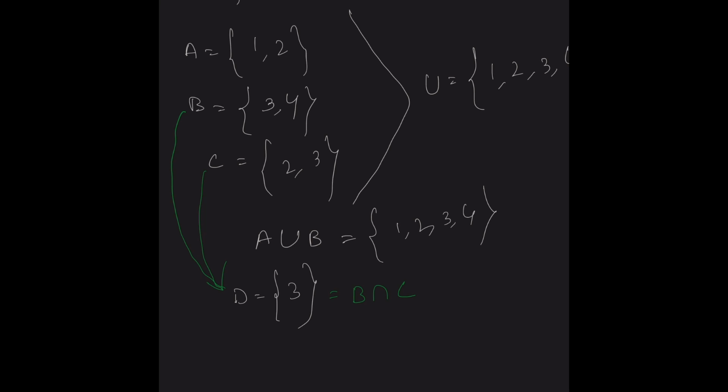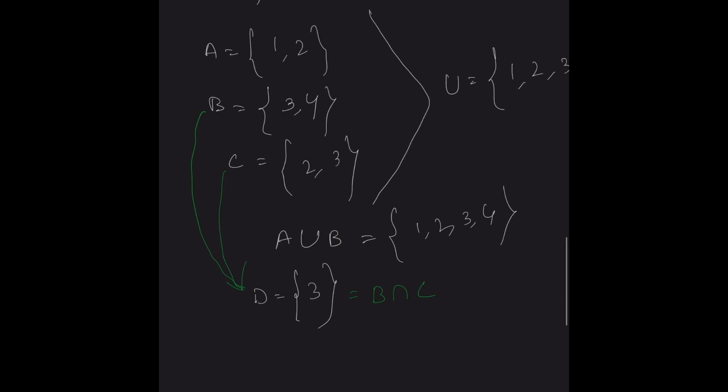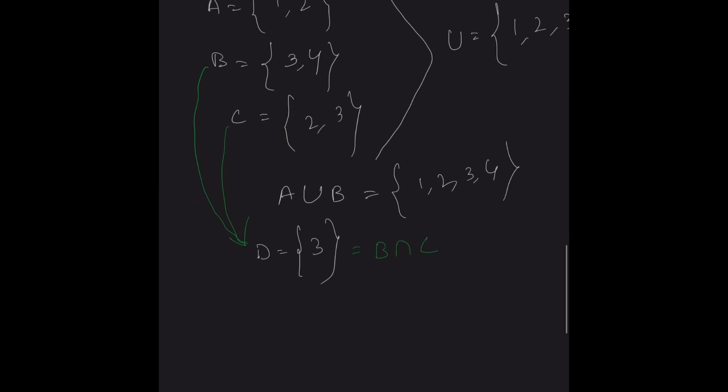There's another thing, the disjoint of sets. If two sets have no common elements, then we can write that it's an empty set, and that's called disjoint sets. That is, both sets are disjoint to each other.